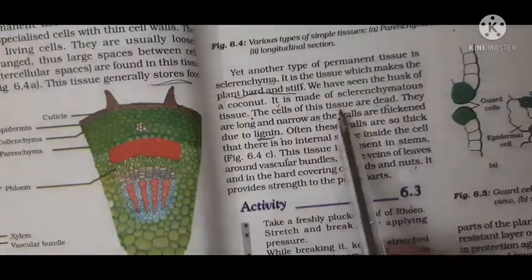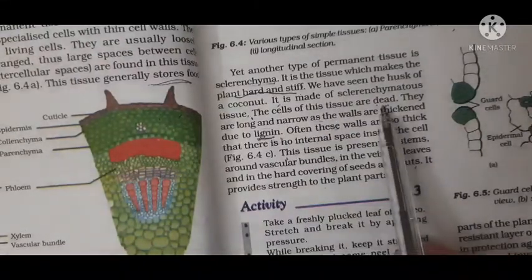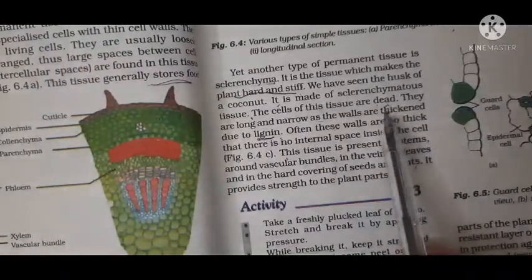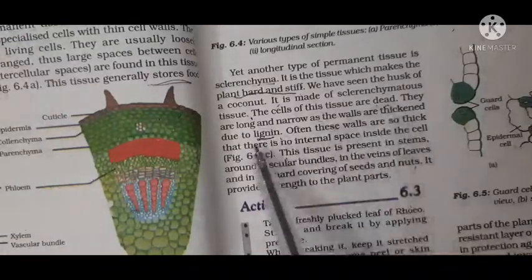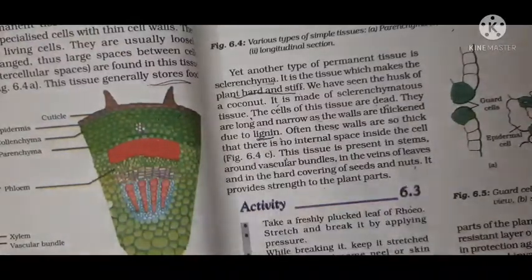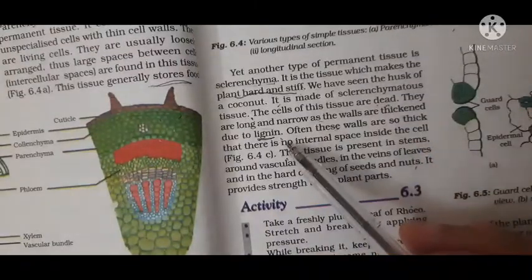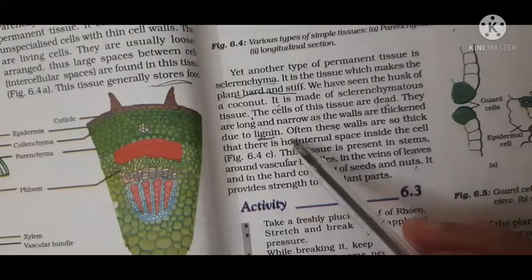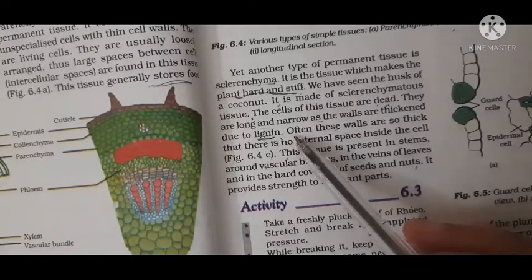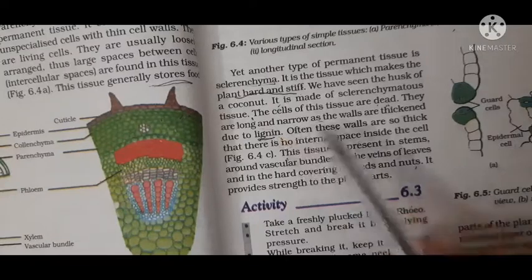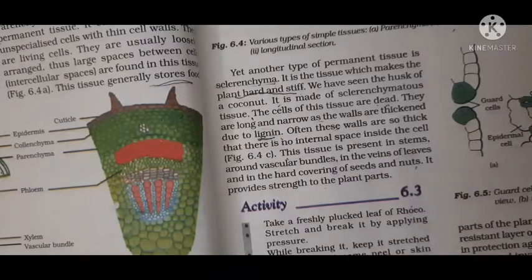The cells of this tissue are dead, and here there is no intercellular space because the wall is highly thick due to the deposition of a material, lignin. So the walls are thickened due to the deposition of lignin, due to which it provides strength, or it makes the plant hard and stiff.